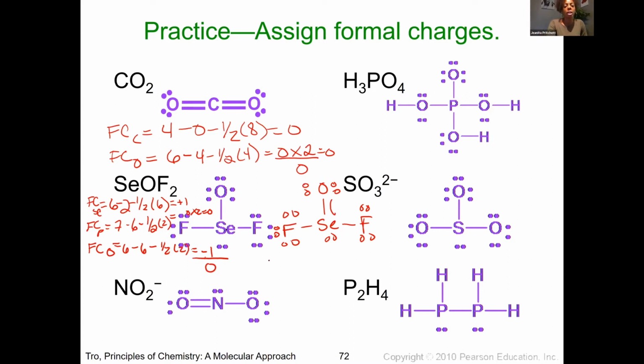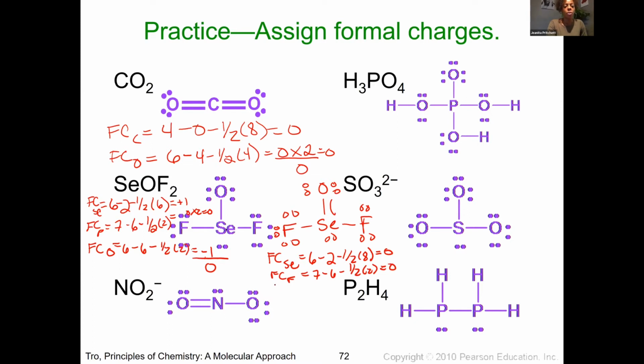And so in this case here, if we do a formal charge for selenium, we would now end up with 6 minus 2 minus 1/2 of 8, or 4, gives us 0. The fluorine doesn't change, so that's still 7 minus 6 minus 1/2 of 2, gives us 0.